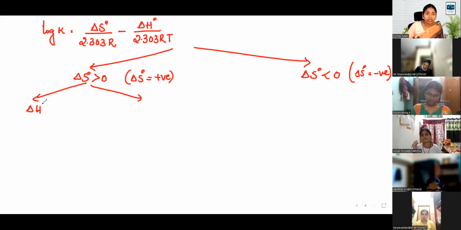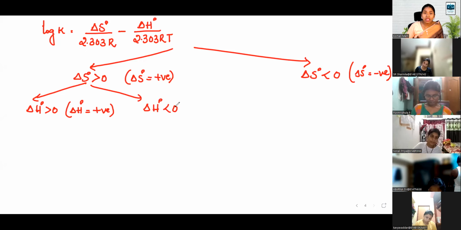Delta H naught greater than 0, what is the meaning? Delta H naught is positive. Delta H naught less than 0 means delta H naught is negative. So delta H naught positive means which reaction? Positive means endothermic reaction.